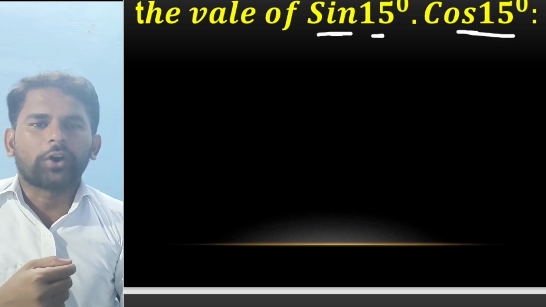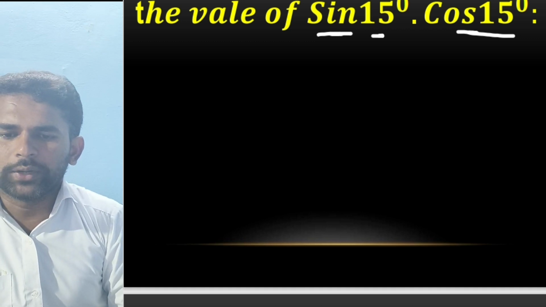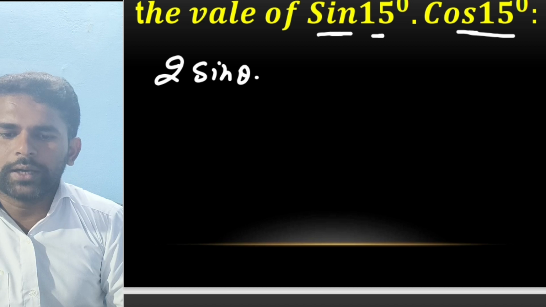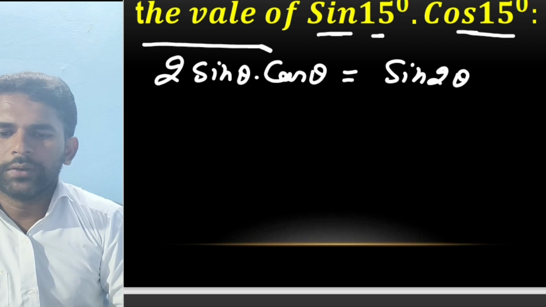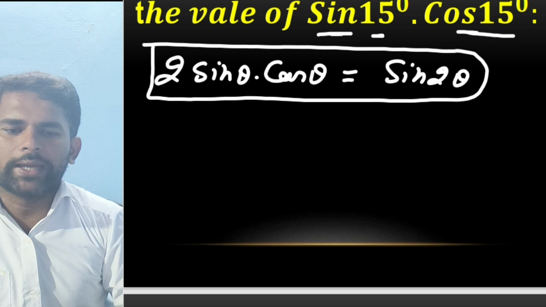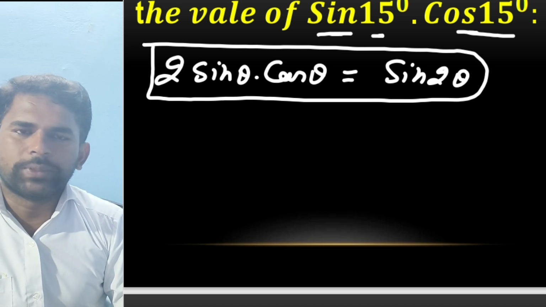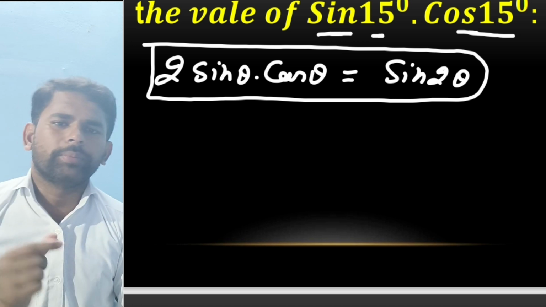We have one formula that is similar to this: 2 sine theta into cos theta is equal to sine 2 theta. What are the similarities between this and this? Here sine 15 degree, cos 15 degree, the angle is the same. Here also theta and theta, the angle is the same.